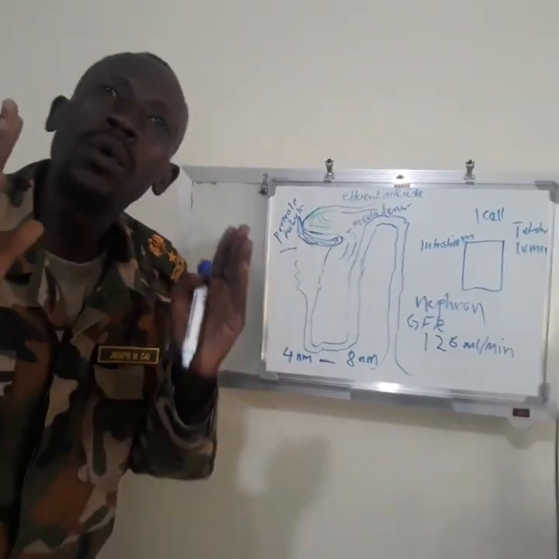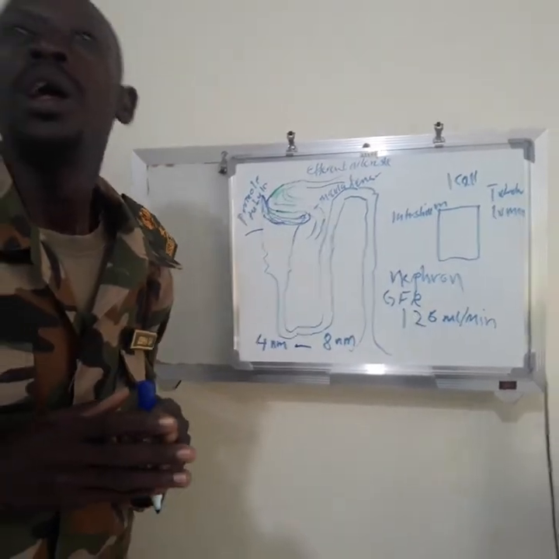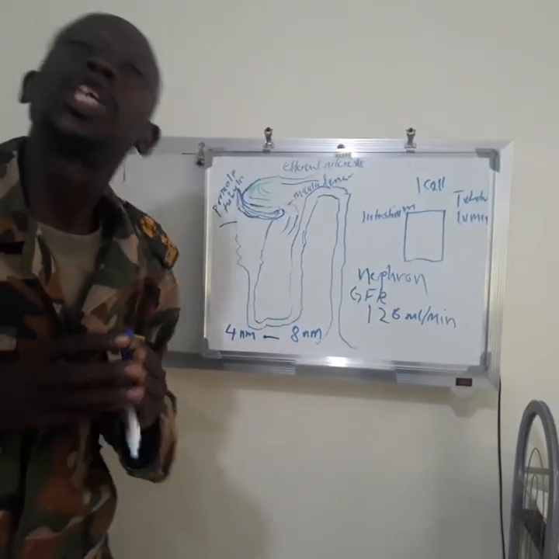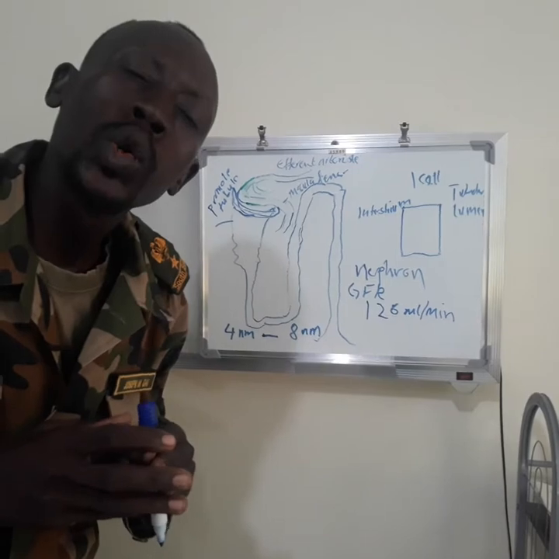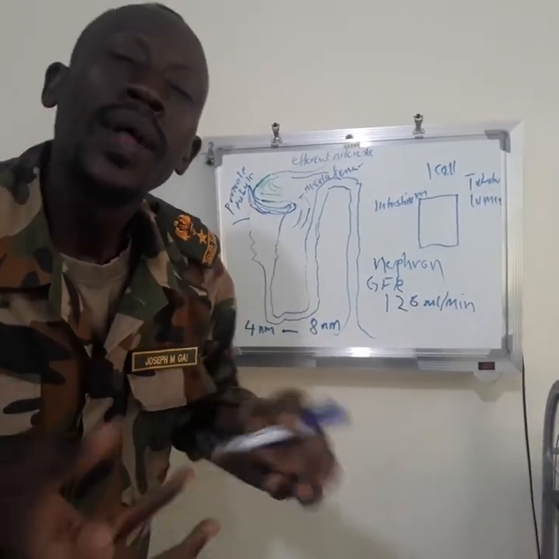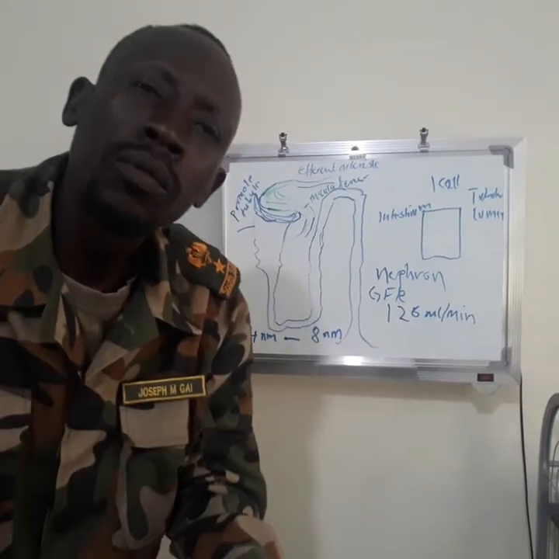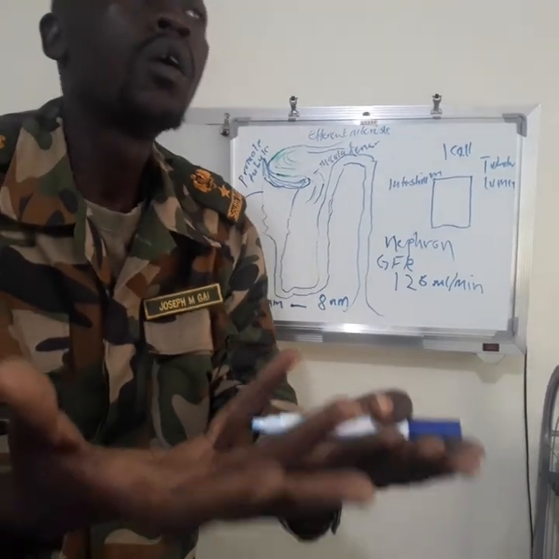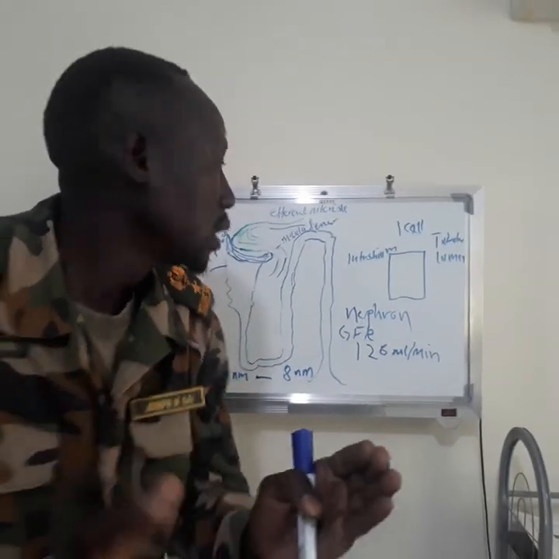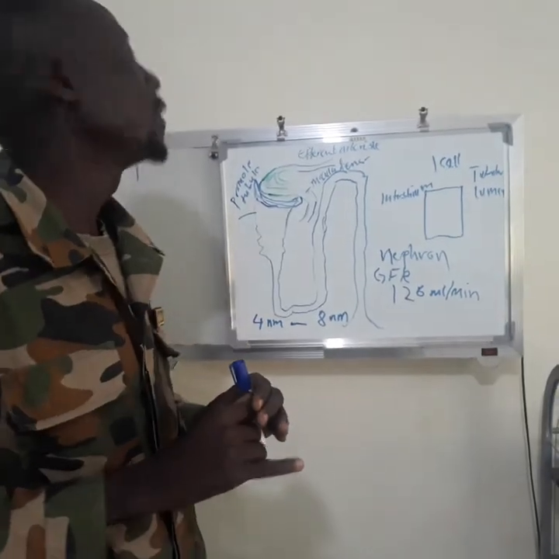Now, how do you measure glomerular filtration rate? It is simple. It is measured by injecting a substance called inulin. Inulin is a substance that is freely filtered, but it is not reabsorbed or secreted. So the clearance of inulin is the indirect measure of the GFR.